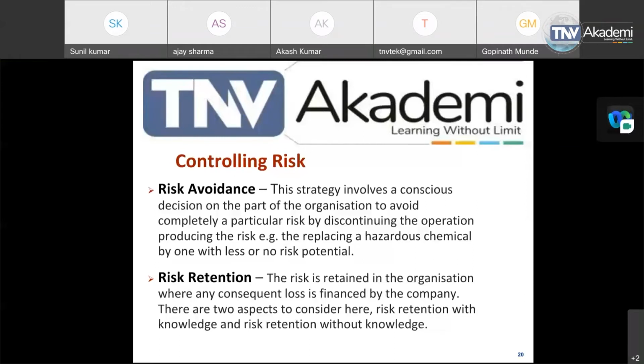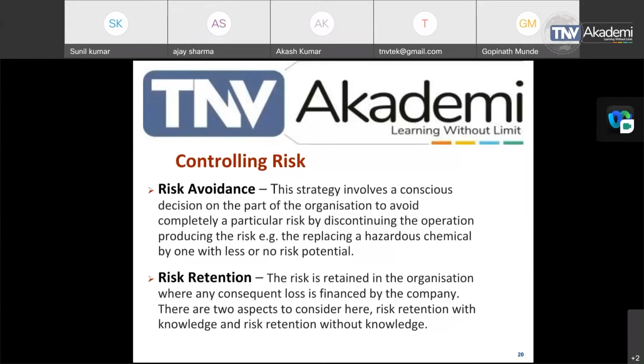So when you know that this risk has a highly lethal effect, you can replace the hazardous chemical with a less hazardous one, or replace it completely with another one that has no risk potential.